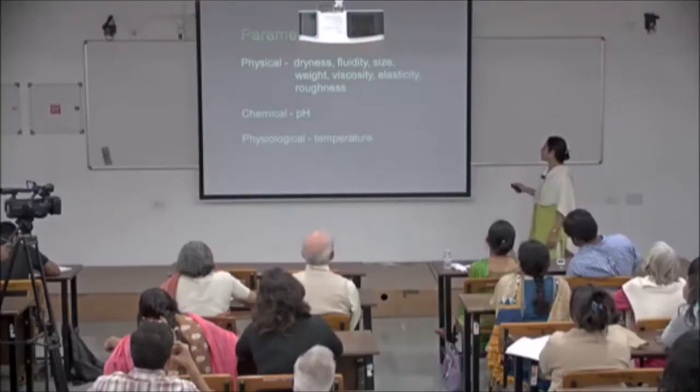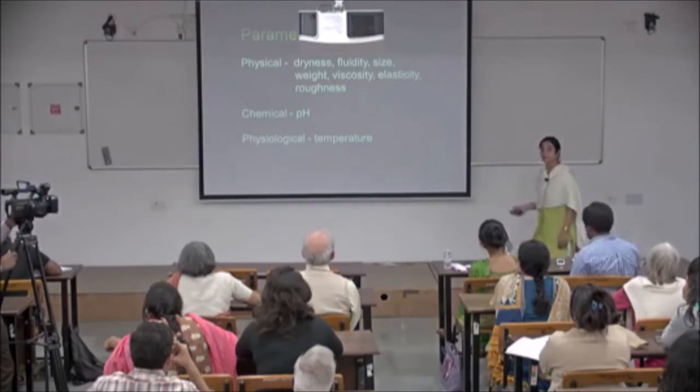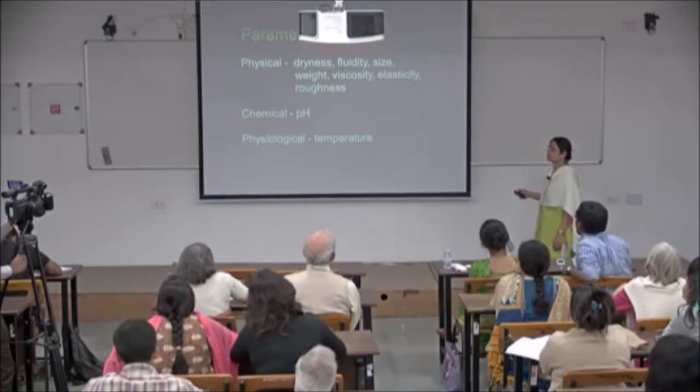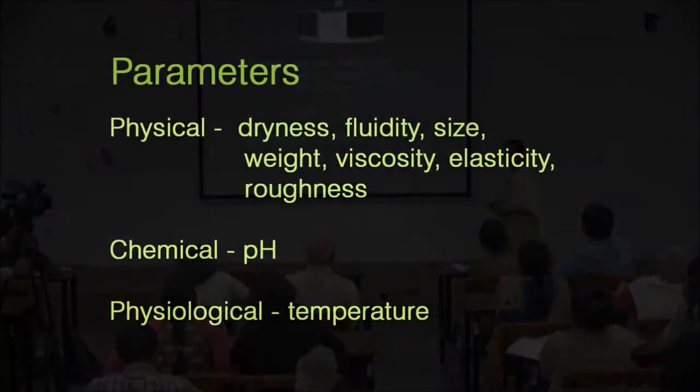Under Vata, Pitta and Kapha, there are also certain physical, chemical and physiological parameters which contribute to these functions. For example, you look at the physical parameters: dryness, fluidity, size. These are all parameters mentioned in Ayurveda. You don't have to be a scientist to realize that a change in any of these is going to change movement.